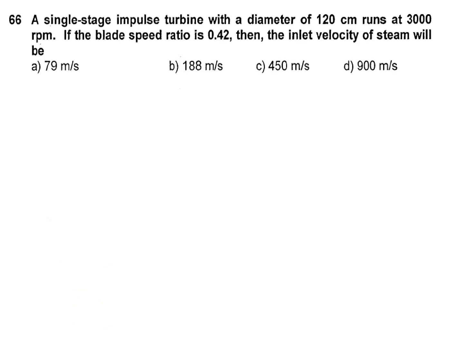A single stage impulse turbine with a diameter of 120 cm runs at 3000 rpm. The blade speed ratio is 0.42. Then the inlet velocity of steam will be how much? Data given are D equal to 120 cm equal to 1.2 meter. Then RPM N equal to 3000 rpm.